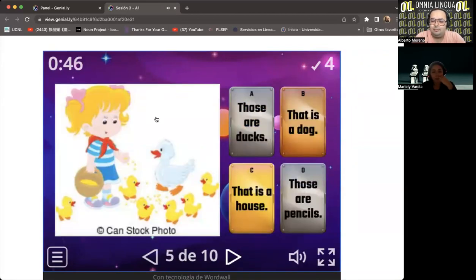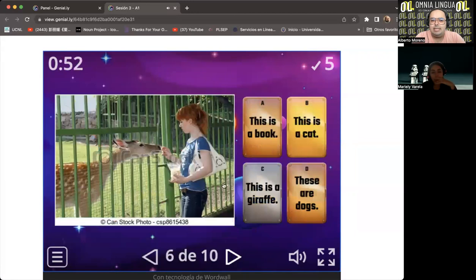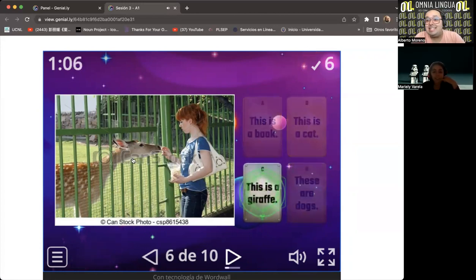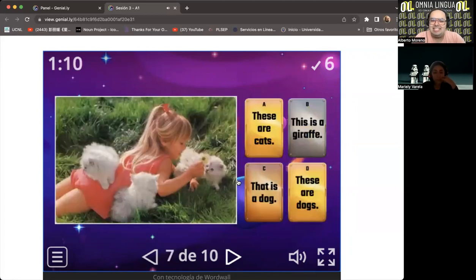Then those are dogs. Very good. Next. Imagine it's a giraffe. This is a giraffe. Okay, it's a deer, but for this activity, it's a giraffe. Next.